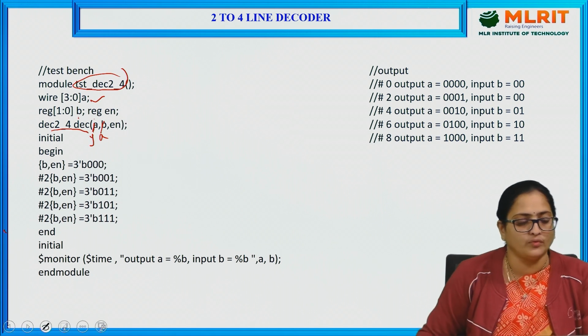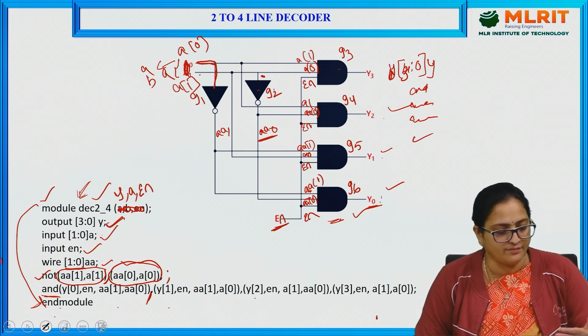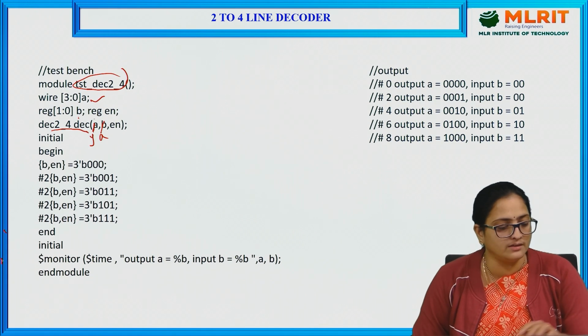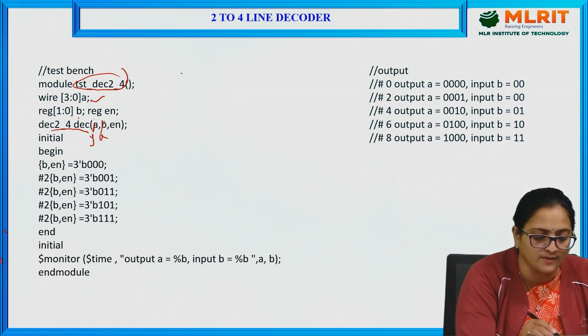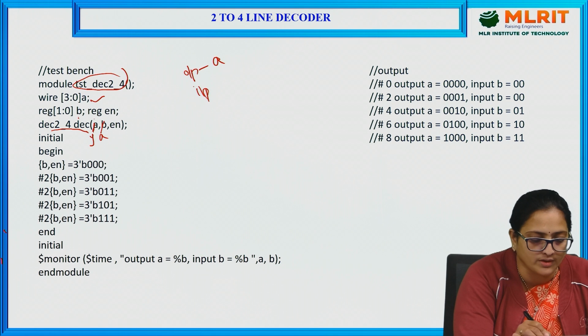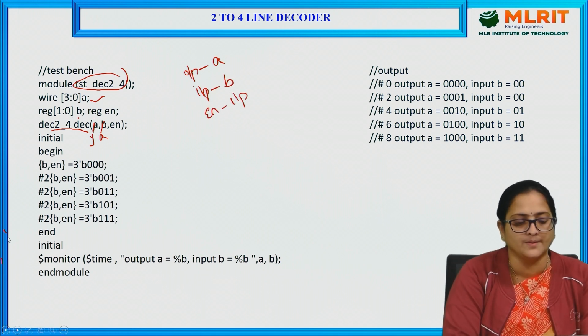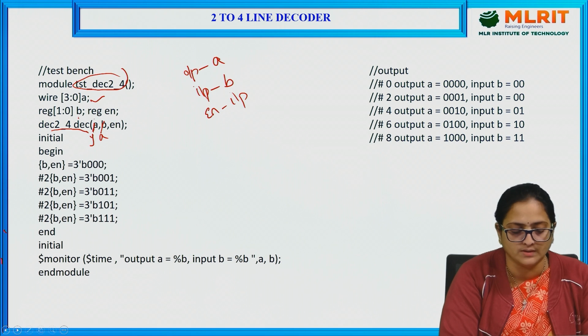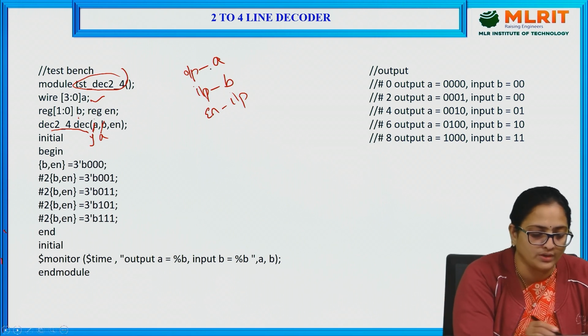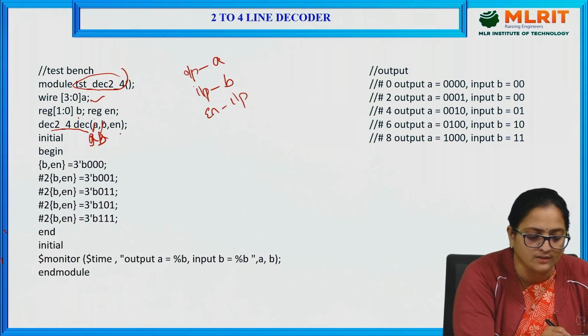Okay, so variable names are different here and here. Here I am considering the output variable as A, the input variable as B, and enable is another input variable. Decoder 2 to 4, the same output here is A and the input here is B and another input is enable.